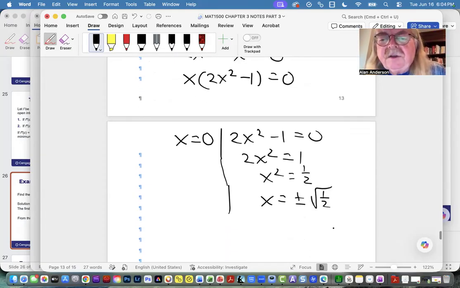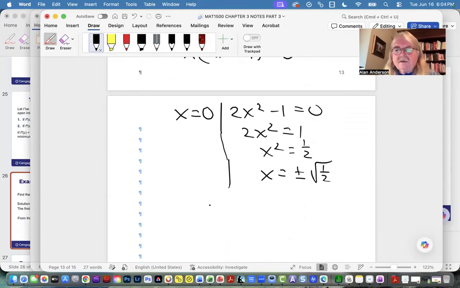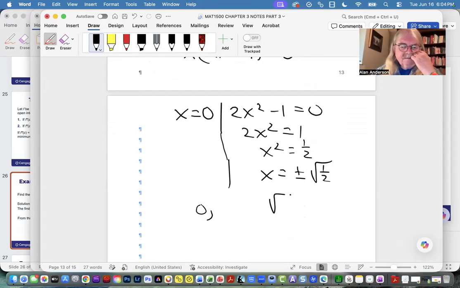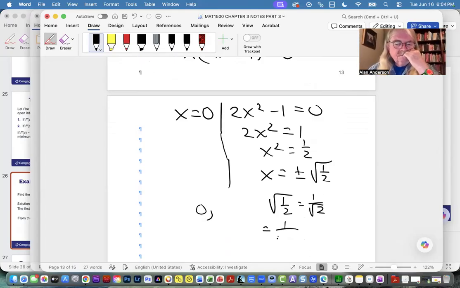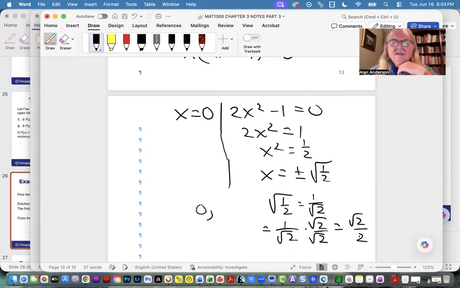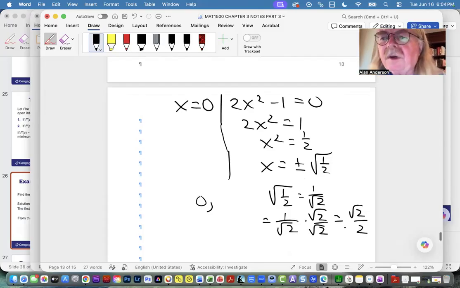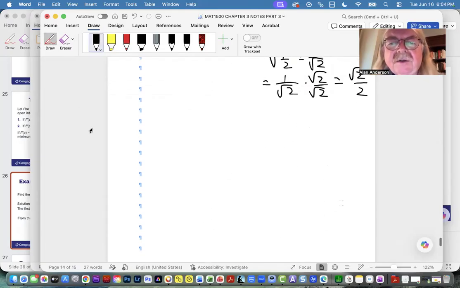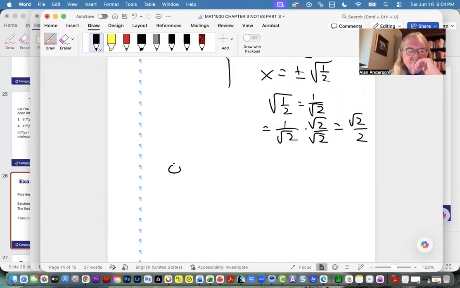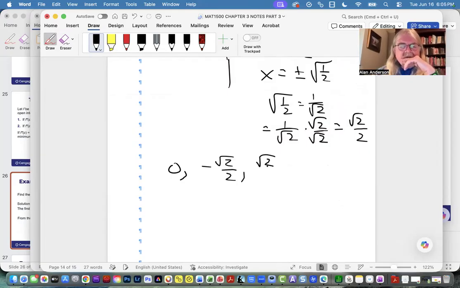All right, x is plus or minus. So the three points that we're interested in studying are 0. We probably should rewrite this. We did this the other day. We're rationalizing the denominator to avoid having a square root in the denominator. So we can say that the 3 points of interest are 0, negative radical 2 over 2, and radical 2 over 2.